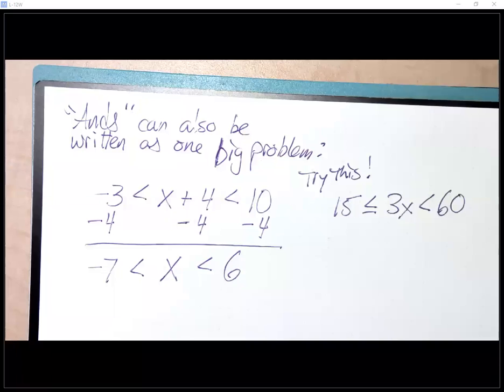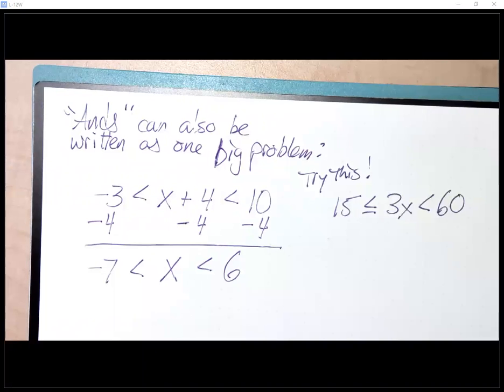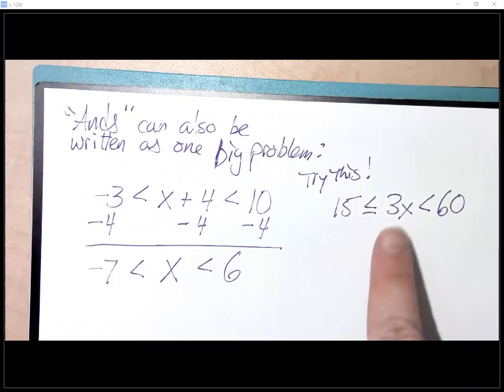Okay, so how am I going to get this x by itself? Look in the middle. I've got 3x, right? How would I get rid of that 3?